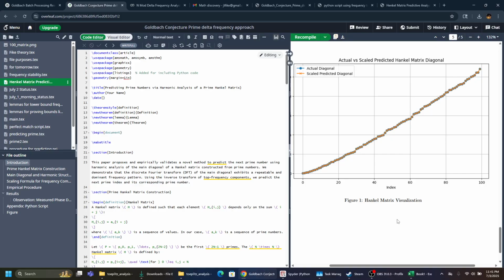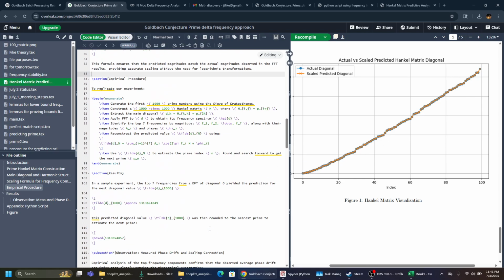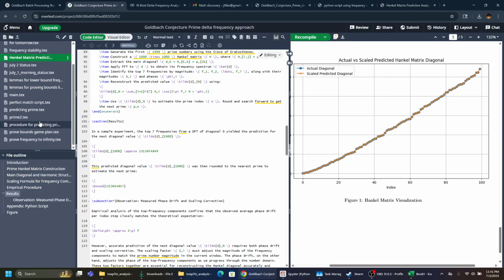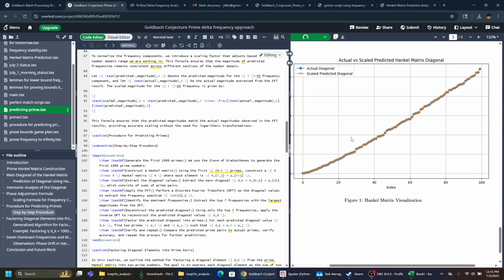It's 100%. So what does this mean? Well, if you know these Hankel numbers, you can then reverse engineer them to get back to the prime. And I think I have that here for predicting prime.